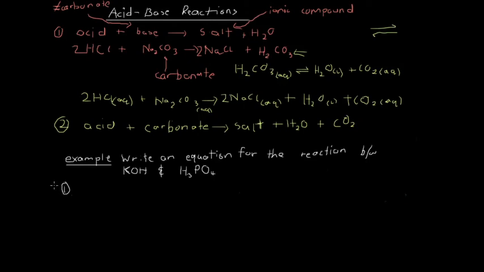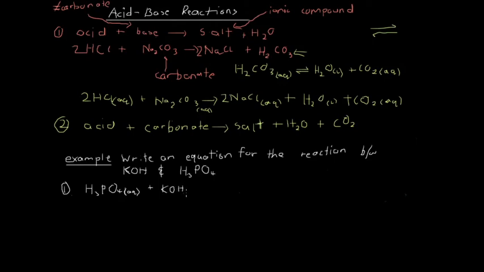That means we've got an acid and a base, so we've got phosphoric acid. Whenever we see acids and bases, we almost always assume, unless we're told otherwise, that they are in solution, plus potassium hydroxide. So these are the two reactants we've been told.